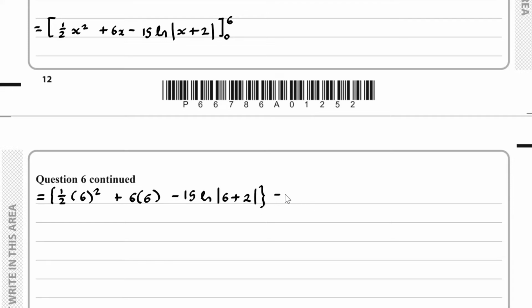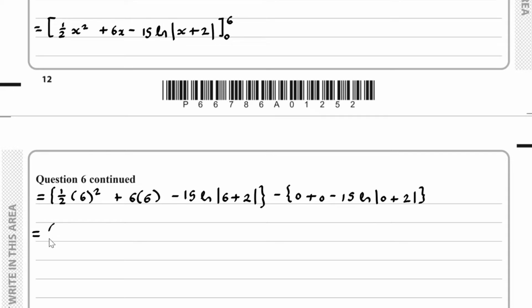For our lower limit, of course, we have 0 plus 0 minus 15 times the natural log of the mod of 0 plus 2. So we have here 1/2 of 36, which is 18, plus another 36, that's 54.